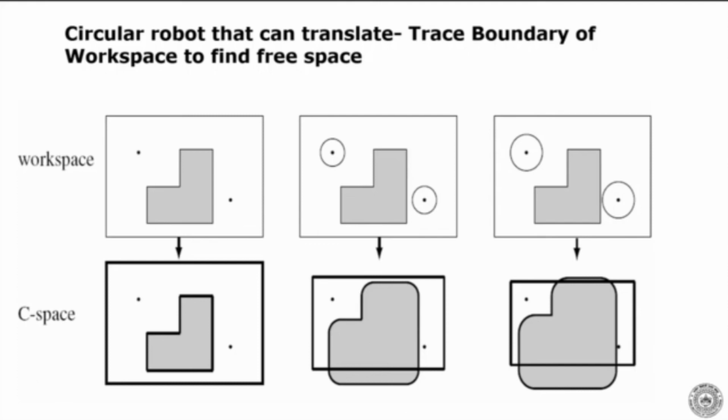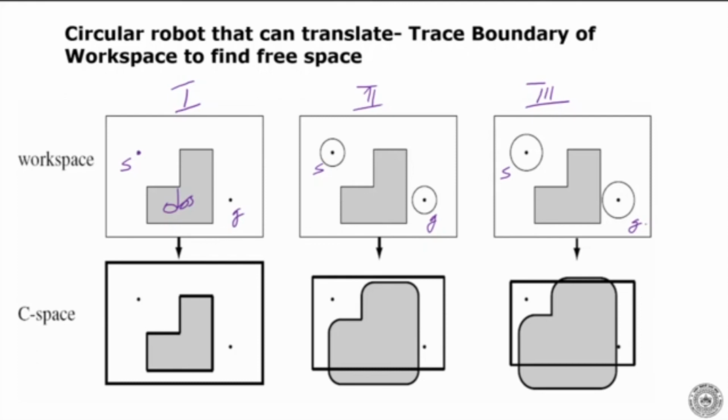So when we are trying to find a path, let's look at case 1, case 2, and case 3. There is an obstacle here, so these are the obstacles. The workspace is given. In the first case, the robot is a point robot. I have to find a path from the start to the goal.